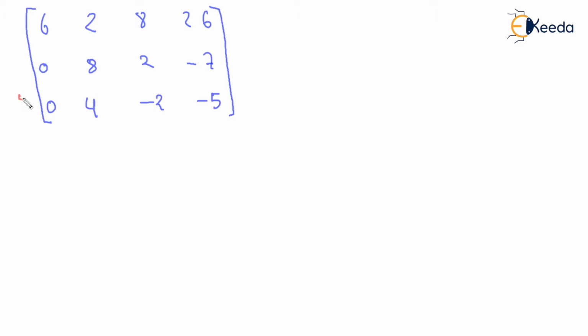This is the fourth one. Now this pivot is fixed. Now we have to make this element 0. The operation required is R3 is R3 minus half of R2, because 4 minus half of 8 will give you 0.